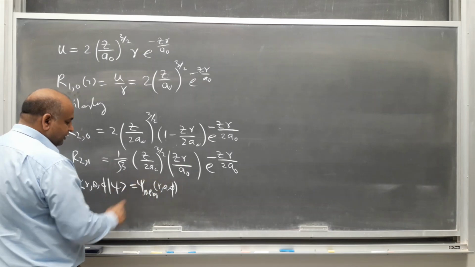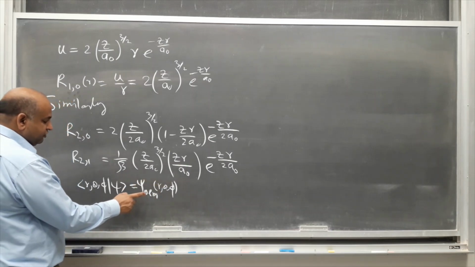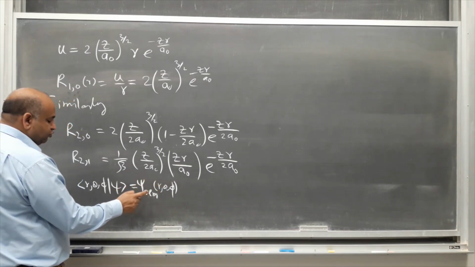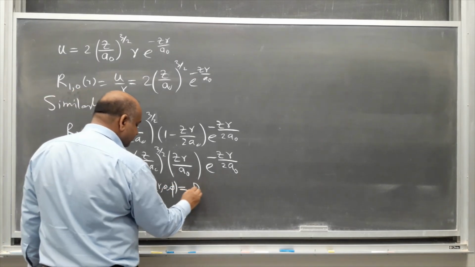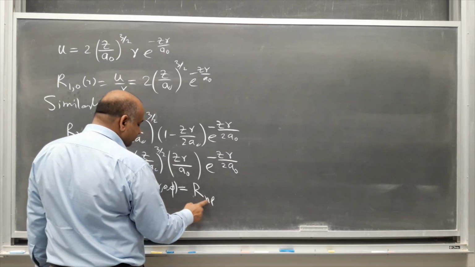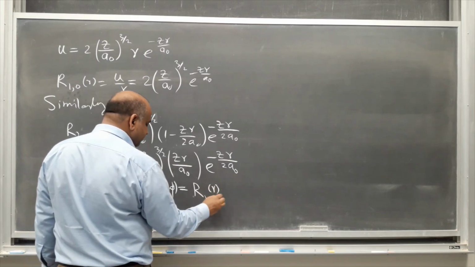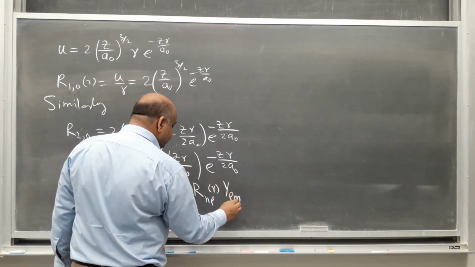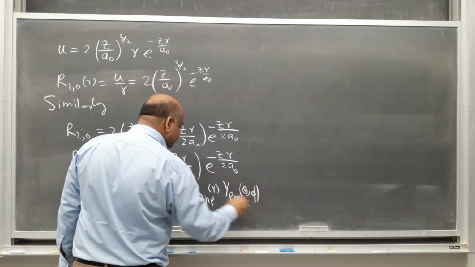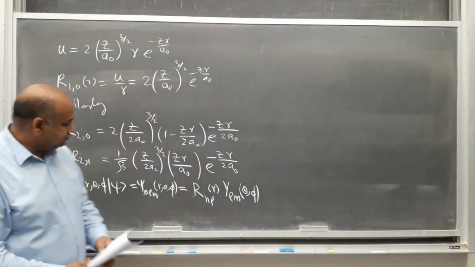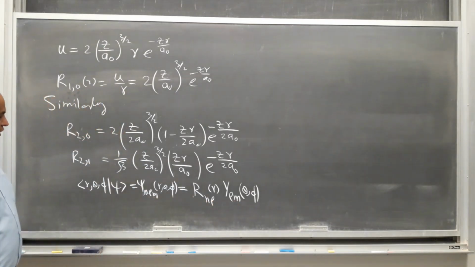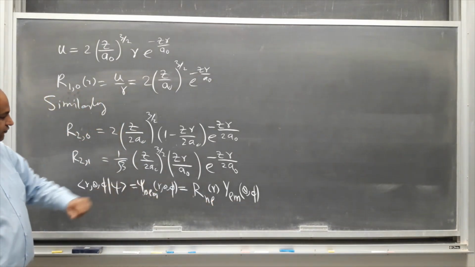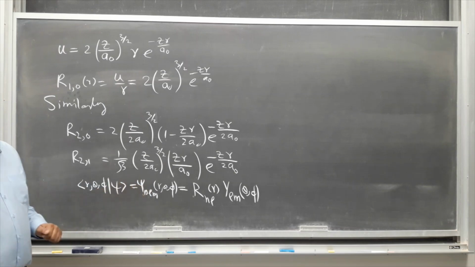This state is a simultaneous eigenfunction of the Hamiltonian, L squared and Lz operators. Since the radial part depends on n and L, we can write it like this, along with the angular momentum eigenfunction part Y_LM. So this is our total eigenfunction for the hydrogen-like atoms.